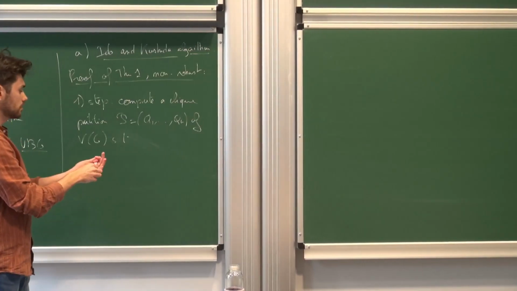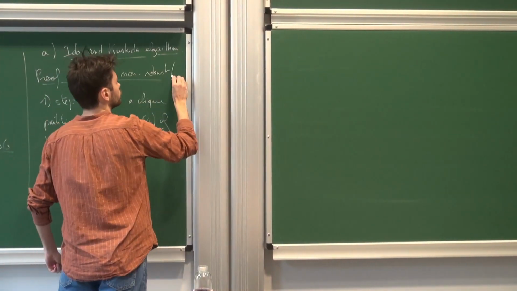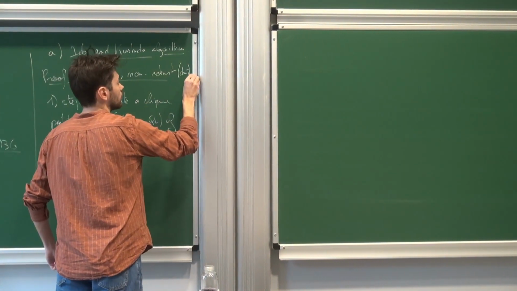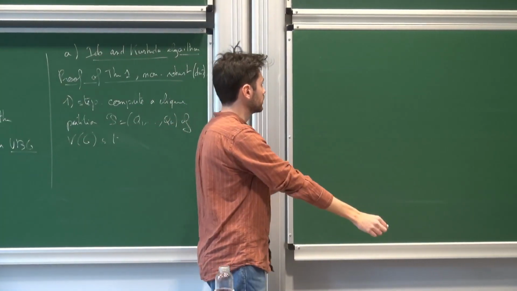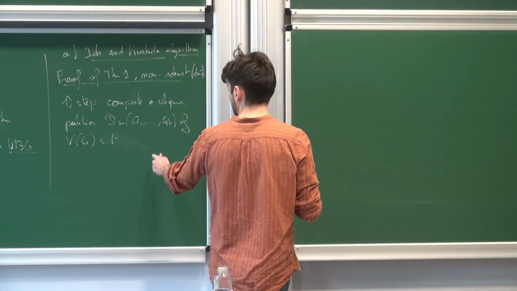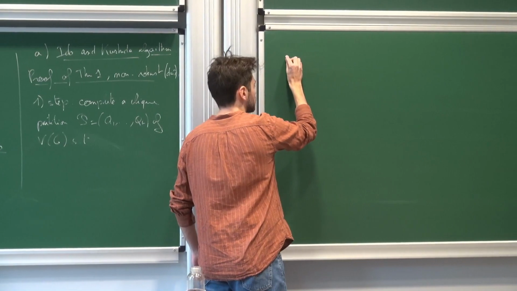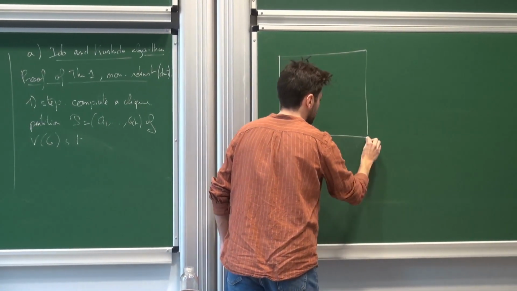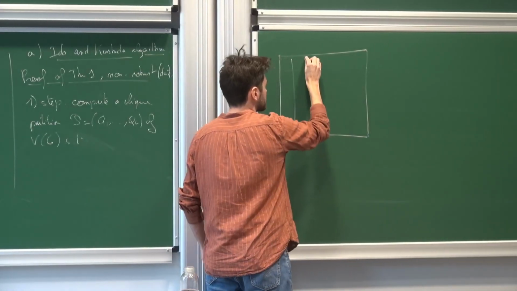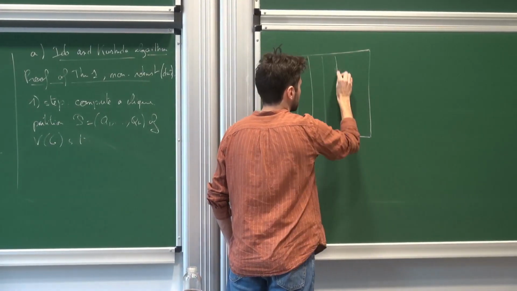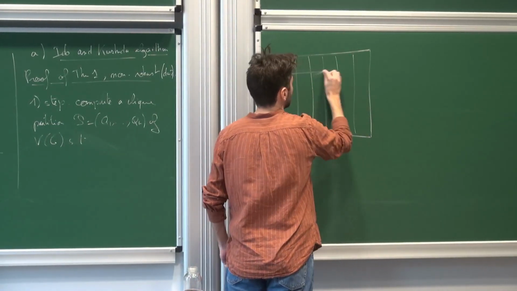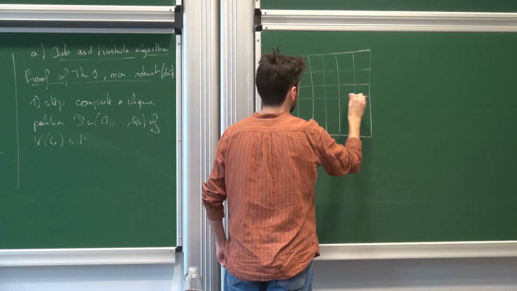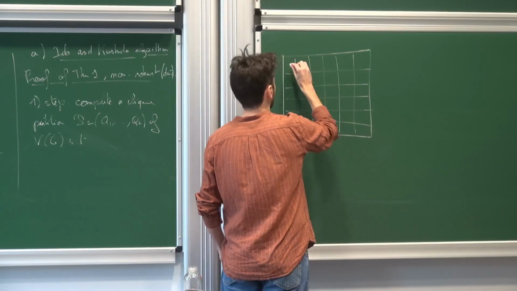I will do it in dimension 2; it's the same if we increase the dimension. The idea is to take a very large grid, but with very small cells. In particular, we will want the diameter of each cell to be at most 1.